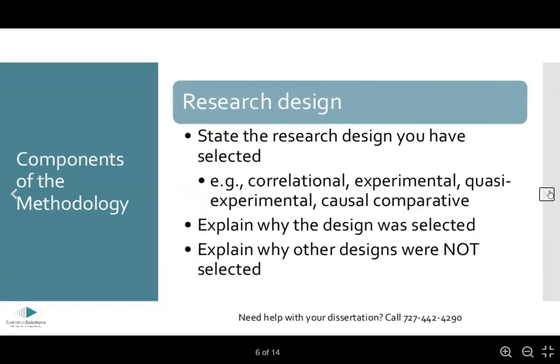Next, one of the first things that you'll talk about is the justification for your research design. So here you will want to state the research design that you selected and provide the rationale for why you selected it. It's important to note here that some schools will require you to not only discuss the specific research design within quantitative methods, so not only saying, you know, I selected a case study or I selected a correlational study, but also to talk about the particular research method.